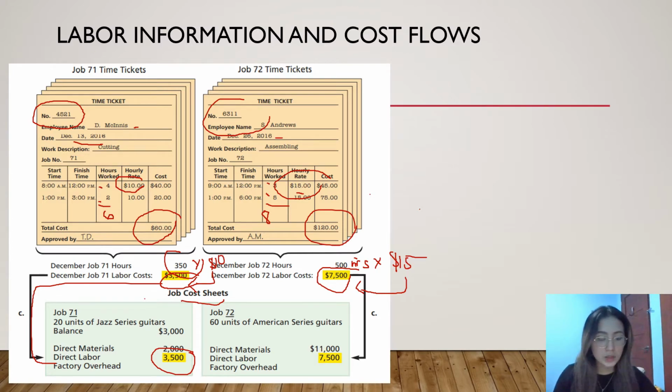Again, this total cost of $7,500 is posted to the job cost sheet for job 72. Take note that each job number should have its corresponding job cost sheet.